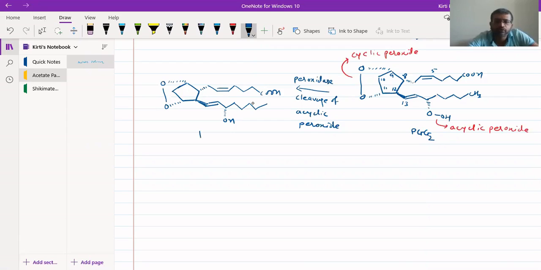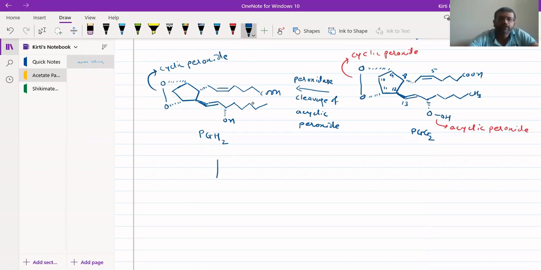This belongs to the PGH series and यहाँ पे दो double bonds हैं, so it will be PGH2. एक cyclic peroxide रहेगा, acyclic peroxide का cleavage हो जाएगा, so we will have this as PGH2. So it contains only a cyclic peroxide and does not have an acyclic peroxide.